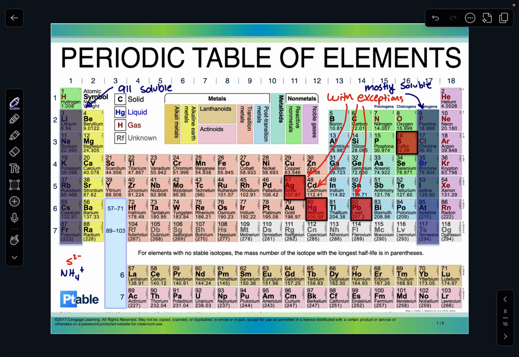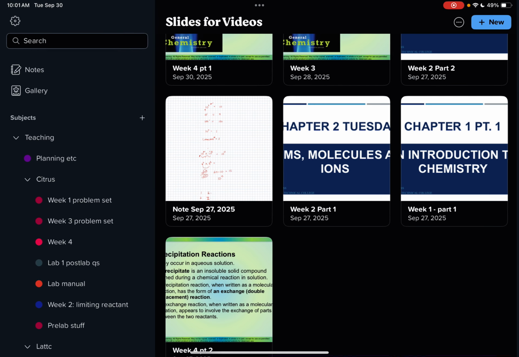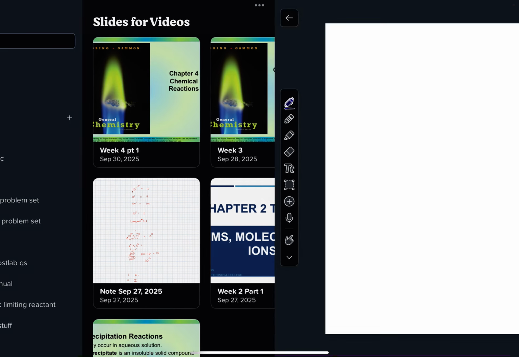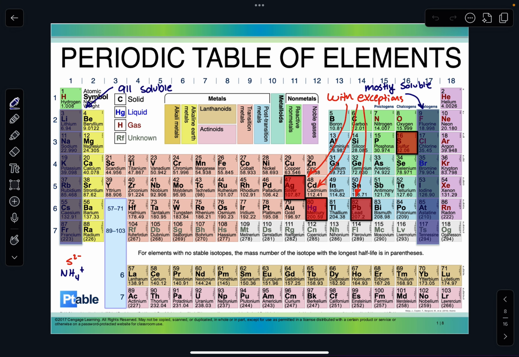So when you are going to try to memorize the rules here, this is a good starting ground. Everything that is an alkali metal is going to be soluble.